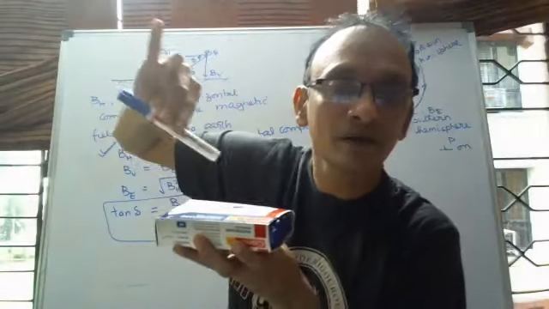So invariably there will be an angle between these two planes, alpha. Angle between the magnetic meridian and the geographic meridian.